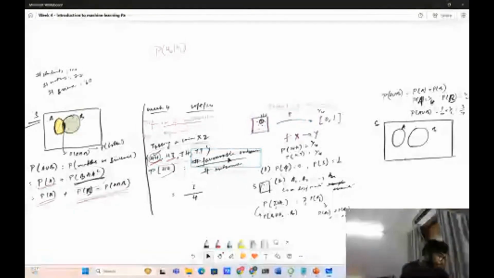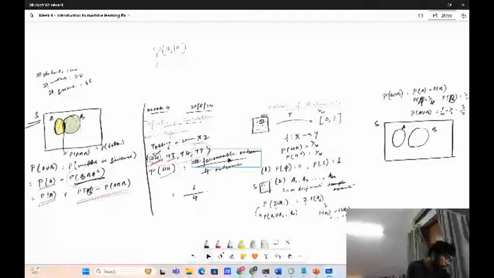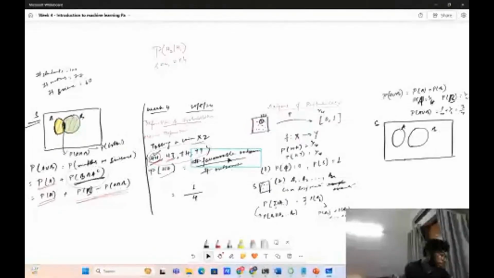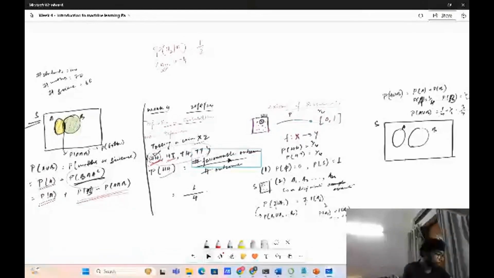So your sample space is now reduced to only these two values. Now between these two, you want to calculate the probability that it also shows heads. So only this is your favorable outcome. So 1 by 2. Out of 2, you have only one favorable outcome.